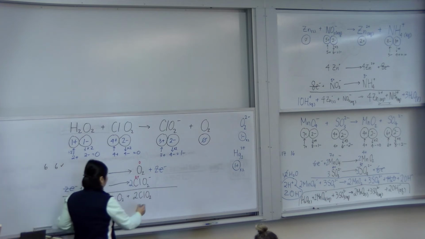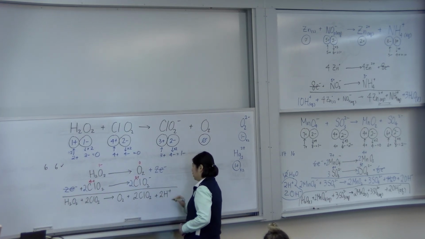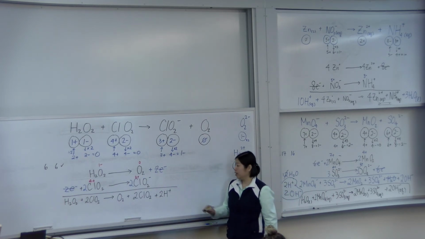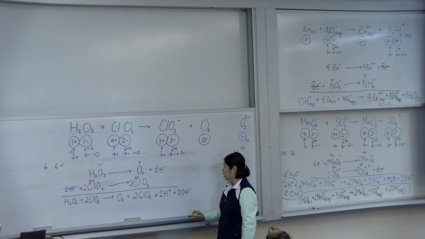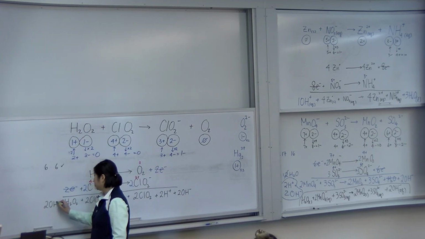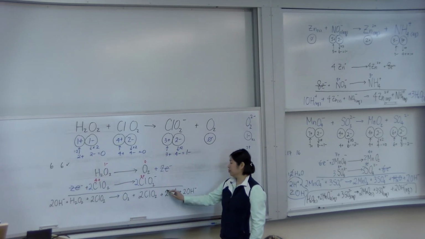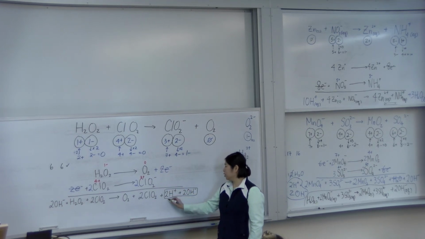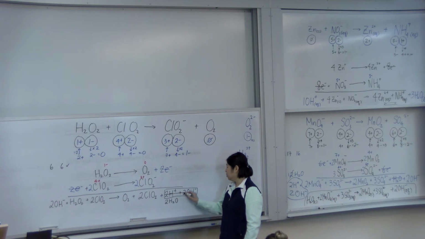So we need. And of course, this is a basic solution. So what are we going to do? We're going to add 2 hydroxides, and we're going to add 2 hydroxides to this side as well, just to keep everything balanced. This becomes 2 waters. So we're going to write 2 H2O. Cross this out.